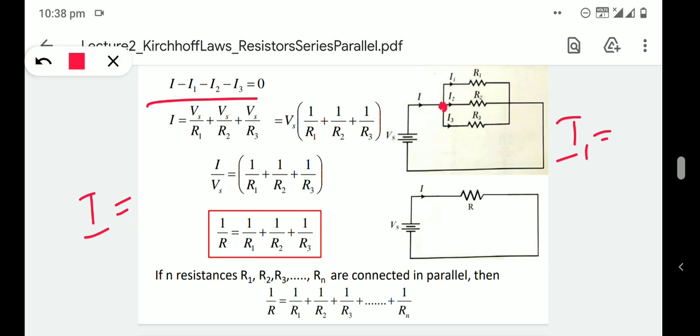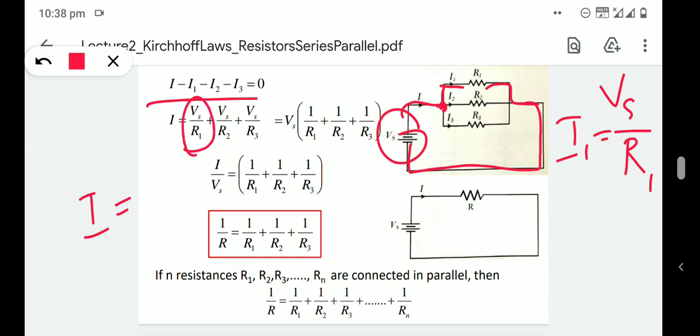Voltage across the resistance is nothing but Vs. By analyzing the circuit, we can see that R1 is connected parallel to this Vs. So voltage across R1 is nothing but this supply voltage itself. So I1 is equal to Vs divided by R1. Then I2 is nothing but Vs divided by R2 and I3 is nothing but Vs divided by R3.